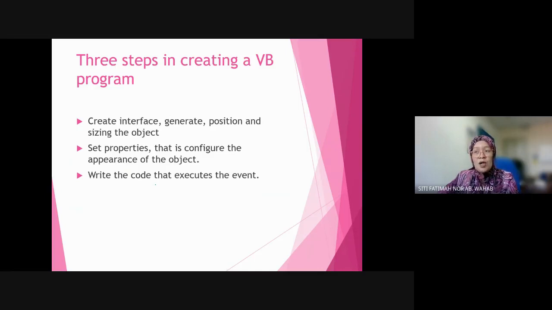Set the text for your text box. Set the font of your text box. Whatever you want to set, the back color, the color of the font, the alignment, do it at the first object. Okay, first similar object. Text box, mungkin you nak banyak text box kan? Okay, set yang satu tu dulu.